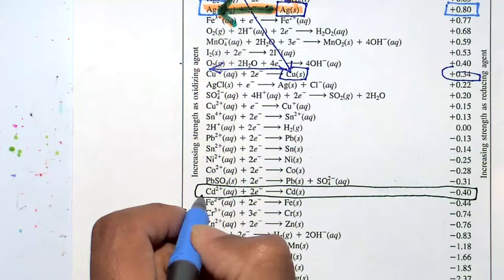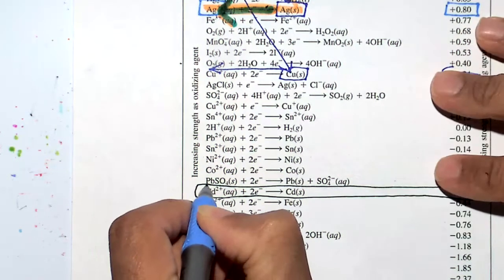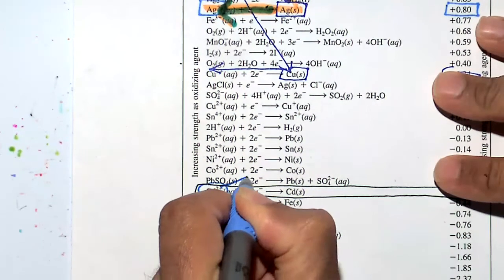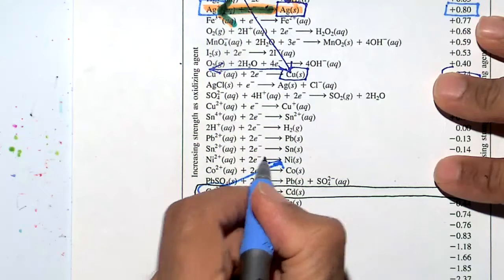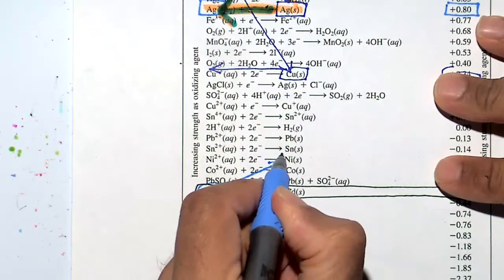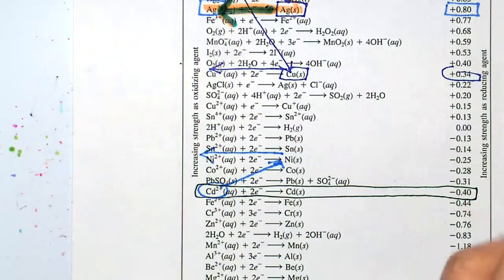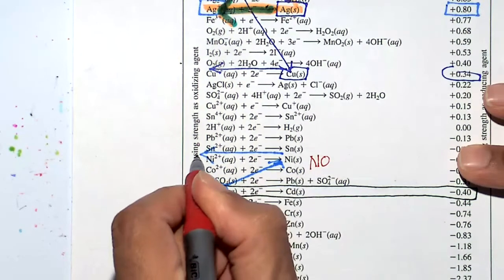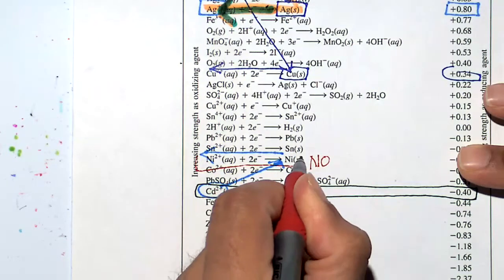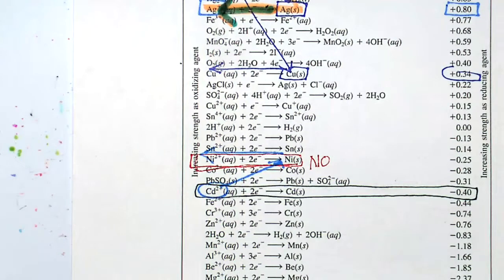All right, can this cadmium plus 2 oxidize nickel solid, cause that to flip to nickel plus 2? Okay, the answer here is no. So that's going to be a negative voltage.